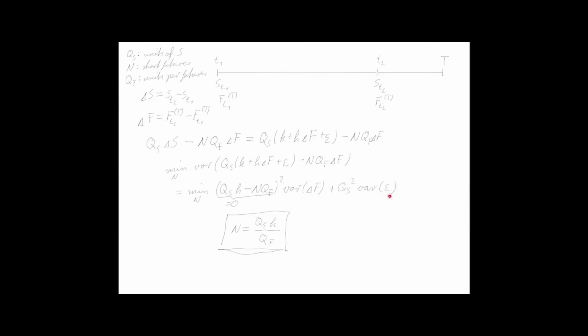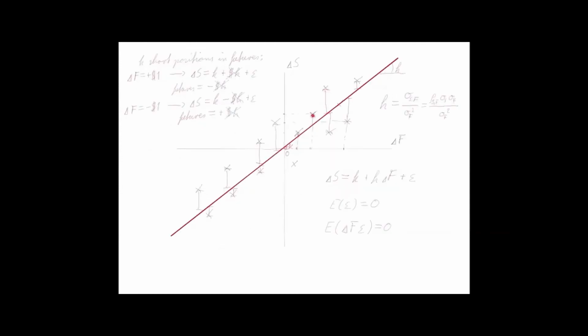So this basis risk is going to be higher if these deviations of these points from the linear line are larger, and that's the case if the correlation between delta F and delta S is closer to 0. In other words, if we choose a correlation between delta F and delta S close to 1, then these points will be very close to the linear line. And so the variation of this epsilon or this basis risk will be very close to 0.